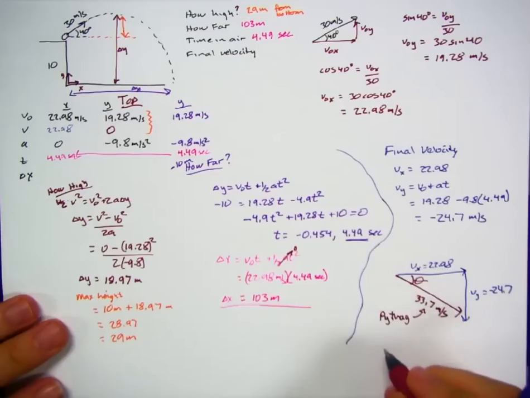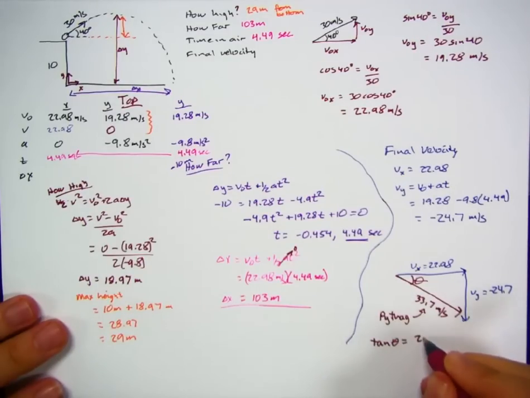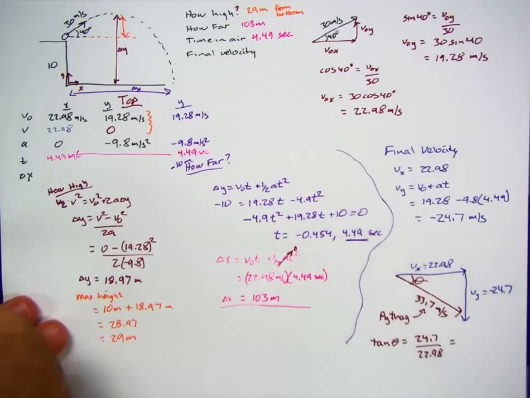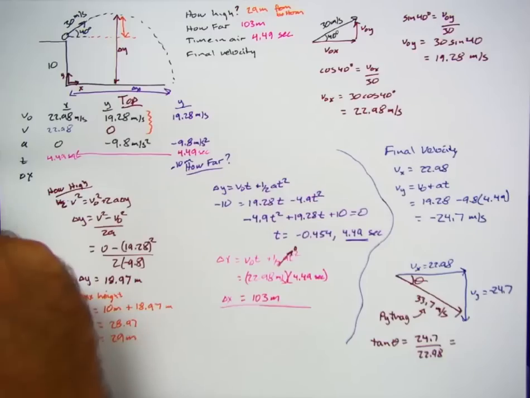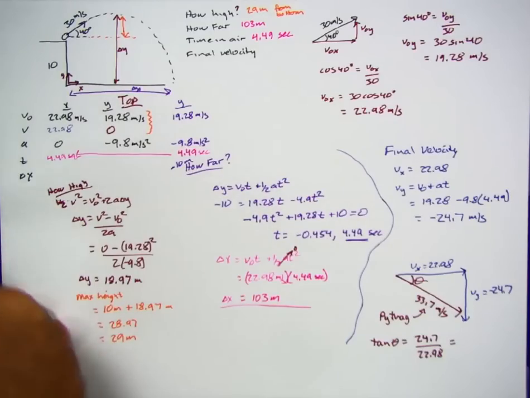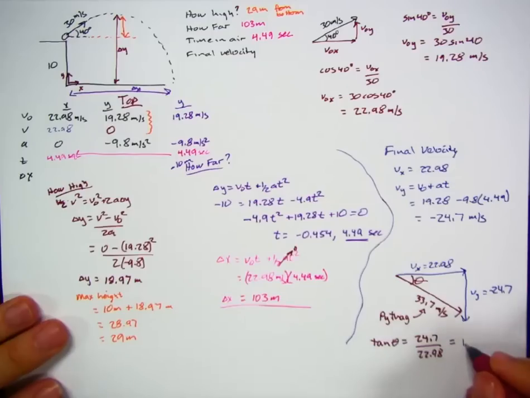And then my favorite trig function, tan theta is equal to opposite 24.7 over adjacent of 22.98, which is 1.07.